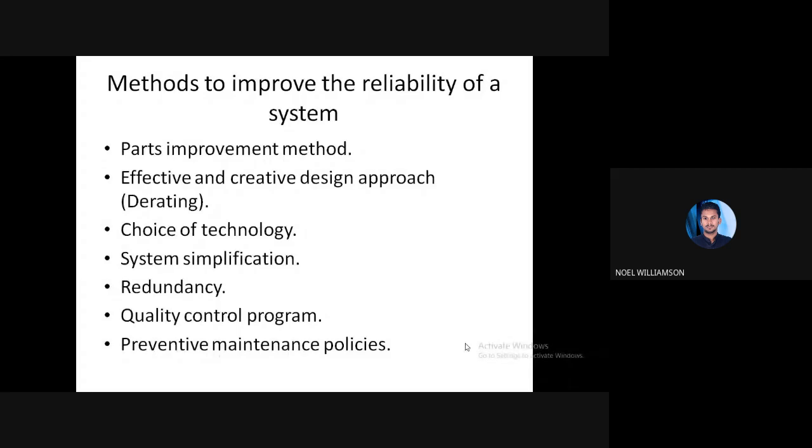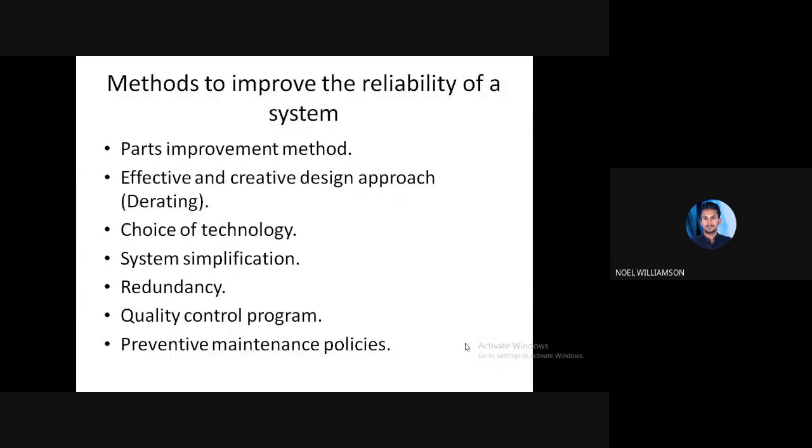Parts improvement method means, suppose we feel that a particular product is not reliable. So in order to improve the reliability, how can we do it? Either you can improve the parts, improve every component fully, or improve some of the parts or the critical components in the product.